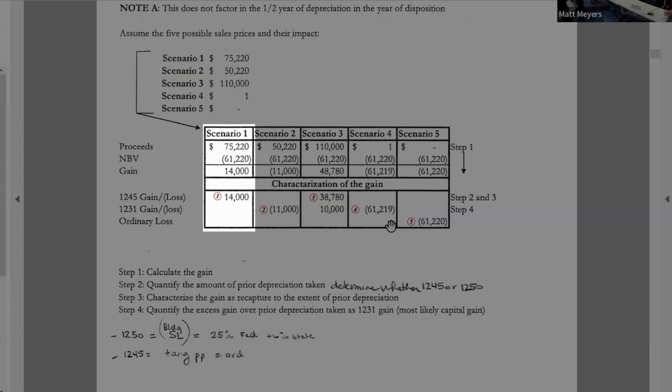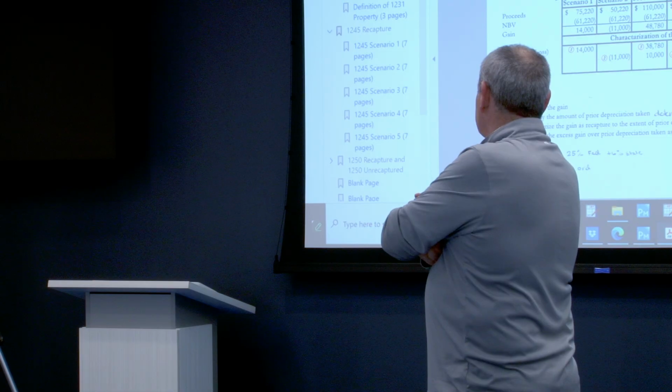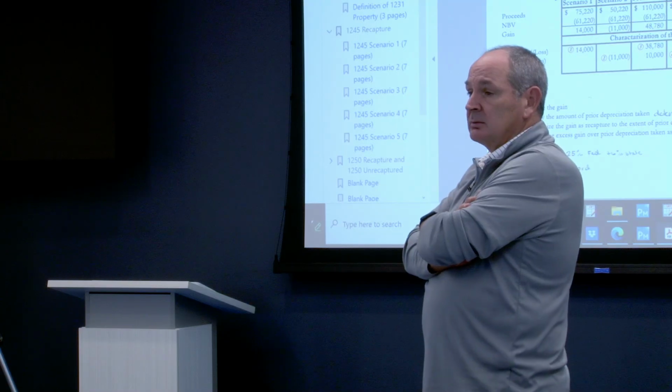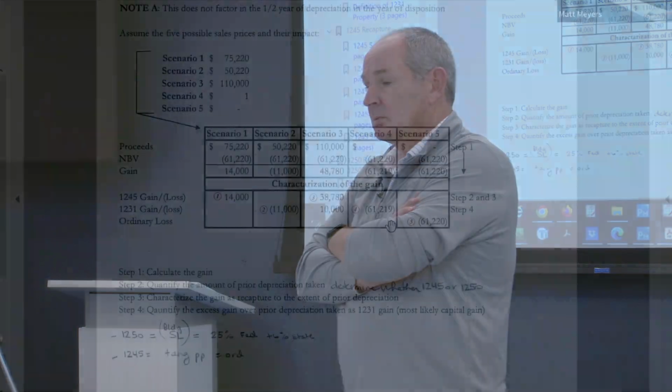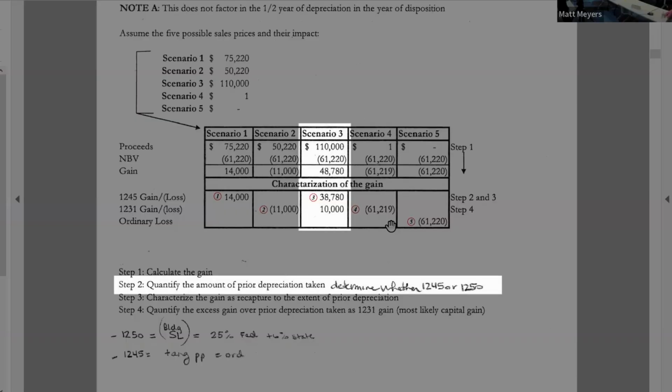Okay, and our gain is? 14,000. So step one, we quantified the gain, did we not? How much was the gain? 14,000. What's step two? Quantify the amount of prior depreciation taken. How much was our prior amount taken? It was 38,780.